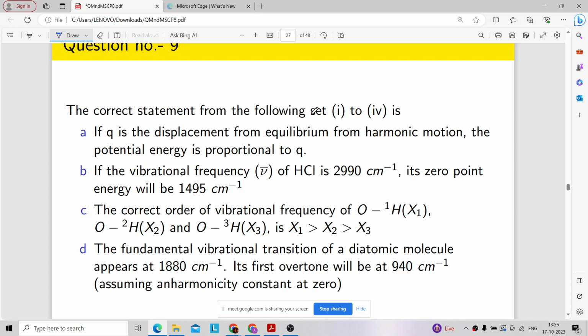If the motion is harmonic motion, what is the form of potential? Potential will be half k x square, right? This is the harmonic potential.